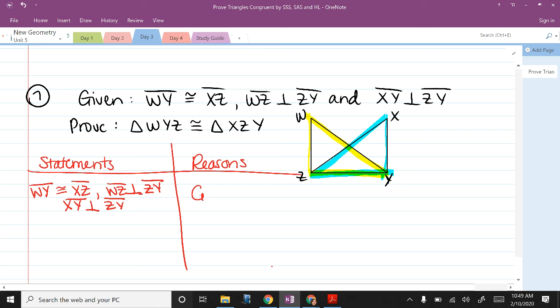Those are all given. Now they didn't mark anything from the given on the picture, did they? They did not. So that's my next thing I want to do, is mark things.